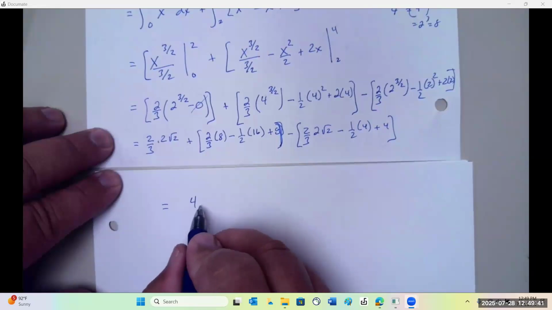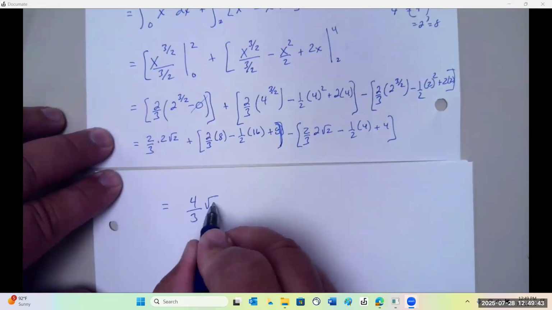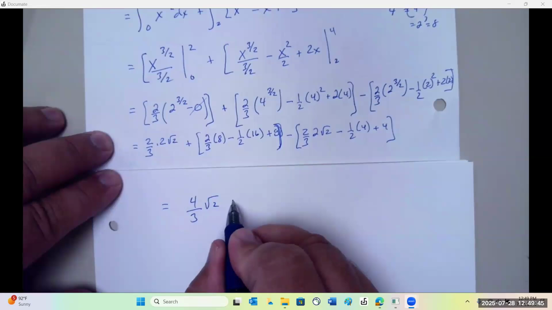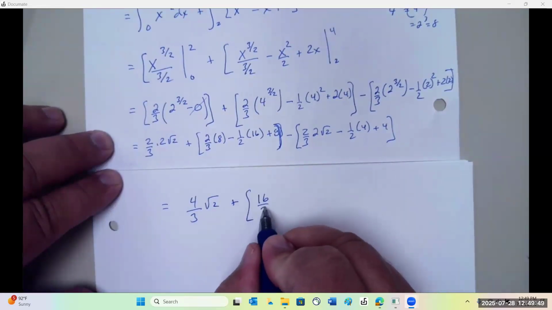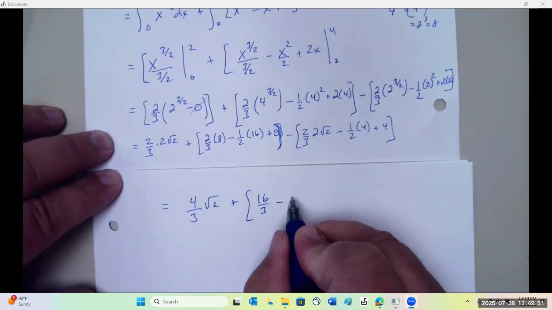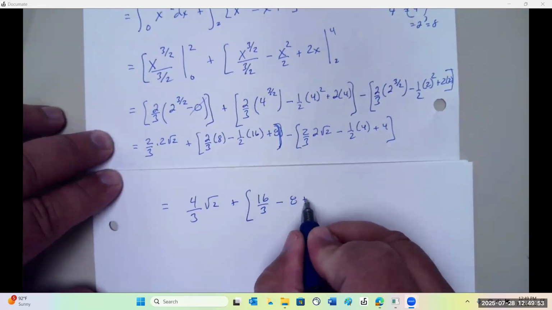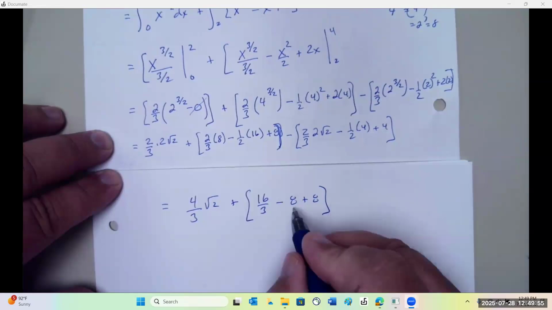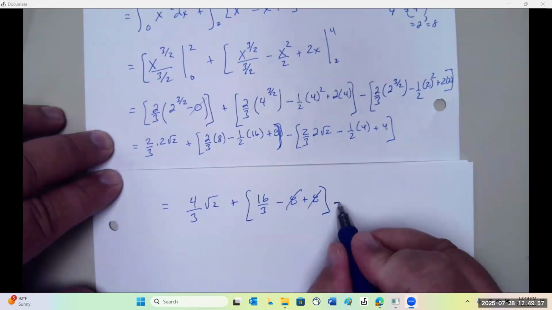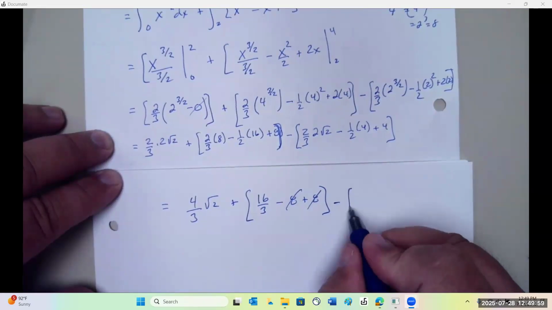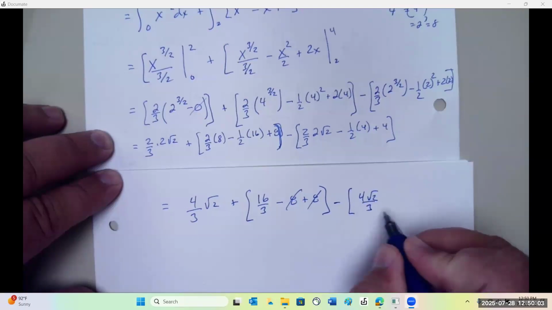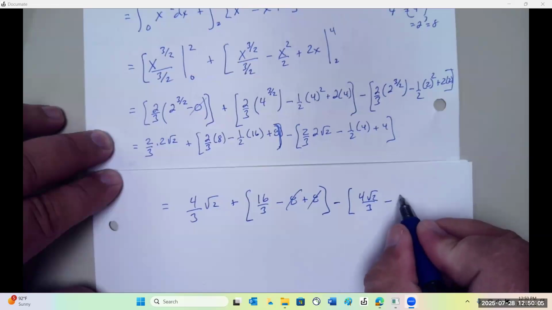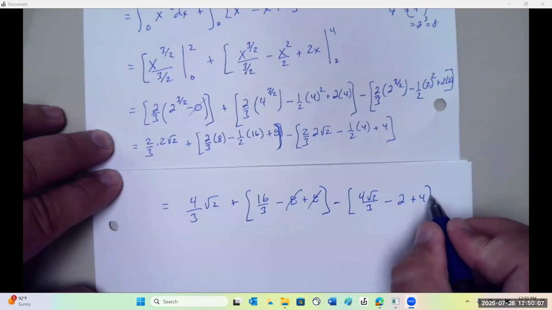We have 4/3 square root of 2 plus 16/3 minus 8 plus 8. They cancel. 4/3 square root of 2 cancels too. 16/3 minus 2 plus 4.